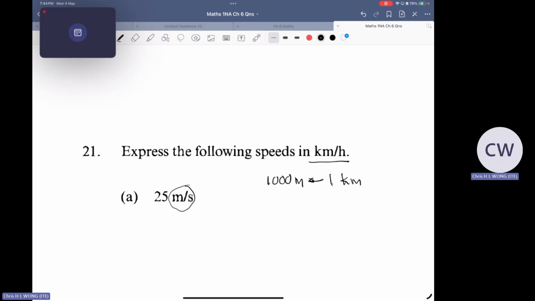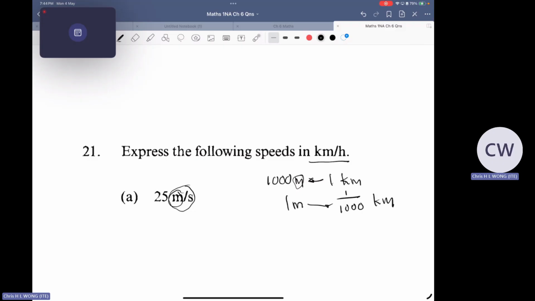Can you see I purposely go the other way because they ask for meter, so I put the meter in front. But I use a one. I know that 1 kilometer is 1000 meter, but I need to find 1 meter, right? 1 meter will give you 1/1000 kilometer.